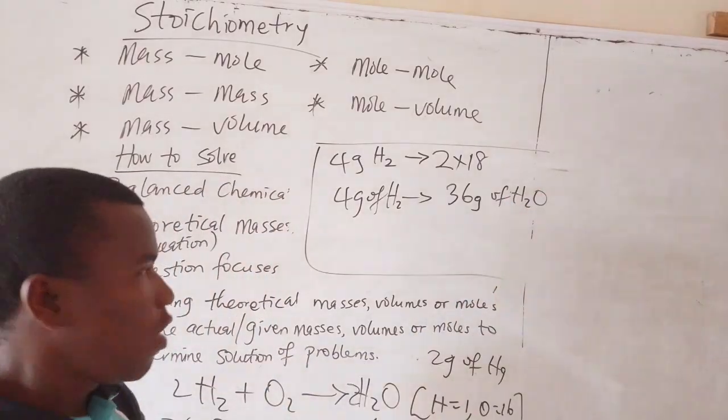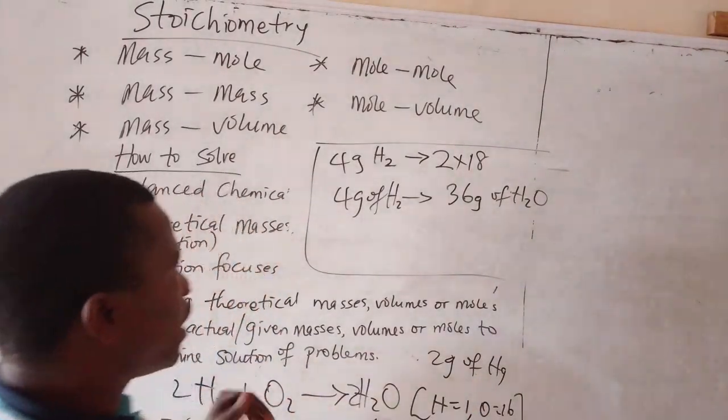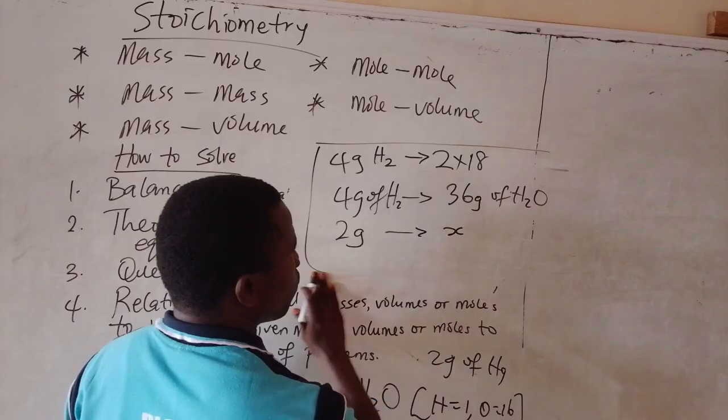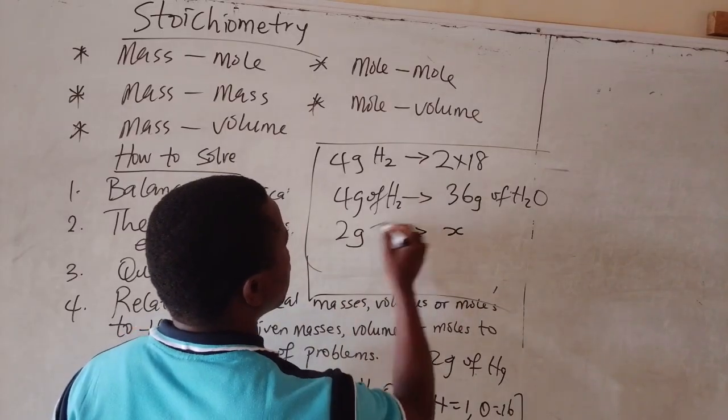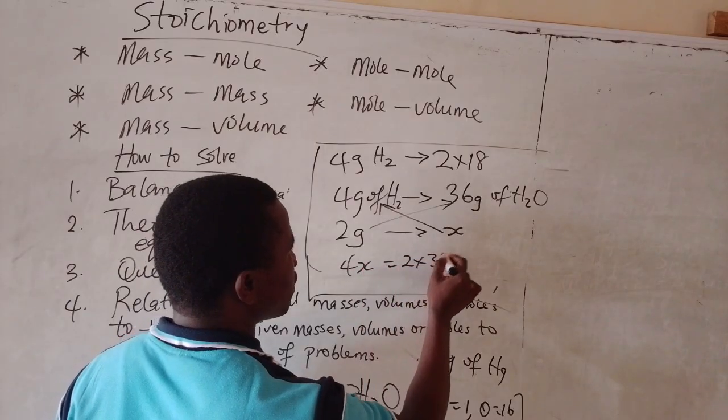But the question says, what mass of water will be produced by 2 grams of hydrogen? So 4 grams of hydrogen gives 36 grams of water, and 2 grams of hydrogen will give us X. When you cross multiply, you have 4X equal to 2 times 36.